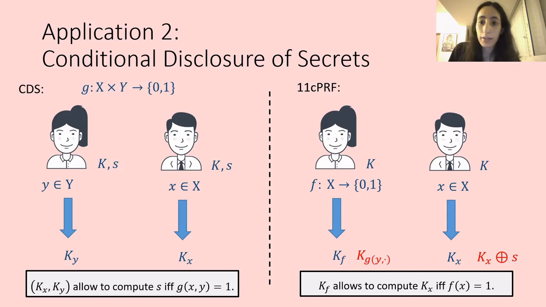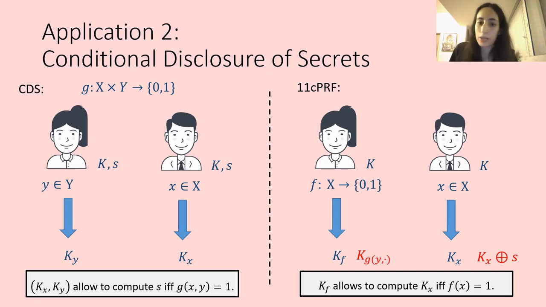And for Alice, she knows the function g that appears in the sky, and she also has her partial input y. So she would consider the policy f, which is the function g with y hardwired in it, and that's the function for which she would compute the 1-1 constraint PRF.